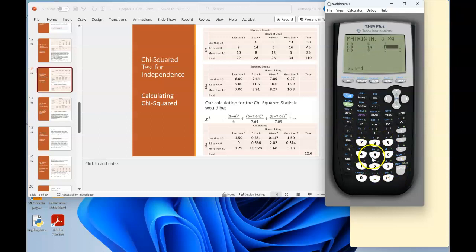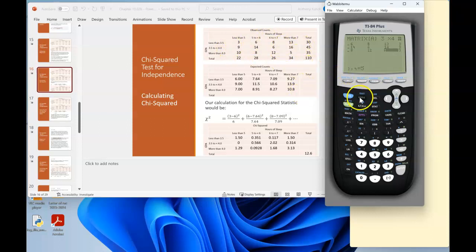It's right there under the green button, one down from the green button anyways. You see it right there now in blue words. 10, 8, 12, 15. Everybody's cool with that? I just entered in the observed counts data from here.